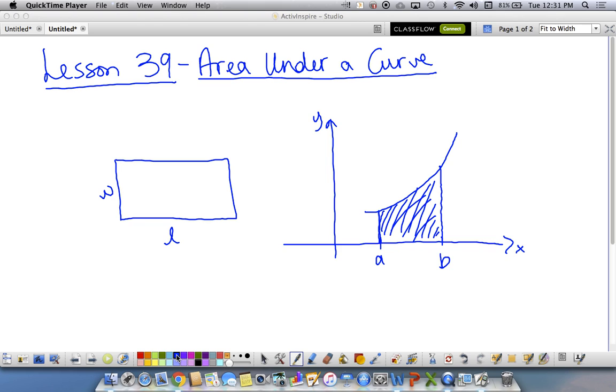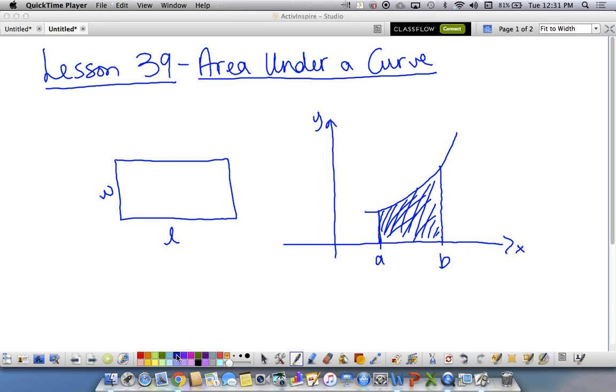This shaded area is what we are going to be able to find. Okay? Can we prove that such an answer for this area exists? And if it does exist, can a method of finding it precisely be developed?